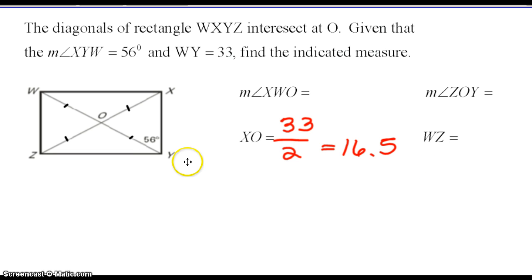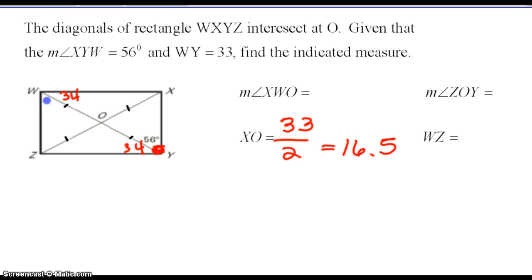First of all, maybe you realize this first. This corner has to be how much? 90. So if this is 90, 90 minus 56 is 34. So this angle here is 34 degrees. Now, because of alternate interior angles, this up here is also 34.